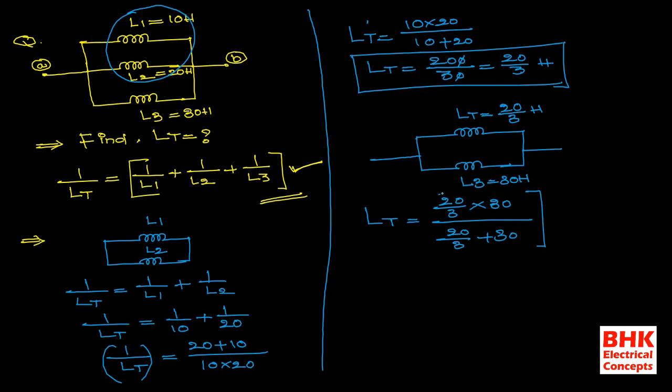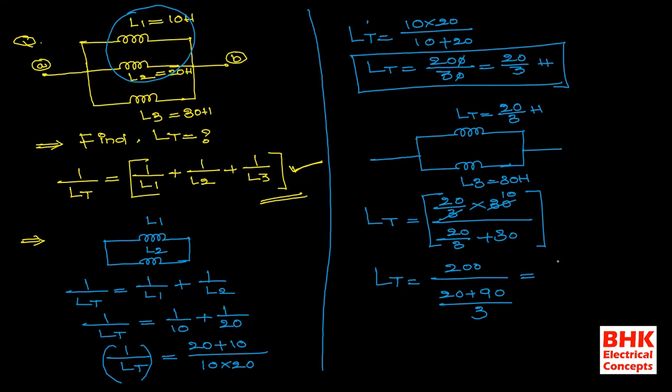By simplifying this, the total inductance is 200 divided by, 20 plus 3 threes are 90, divided by 3.